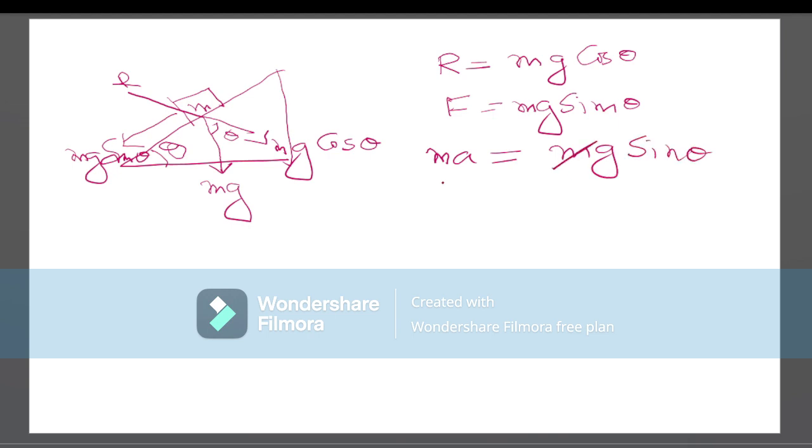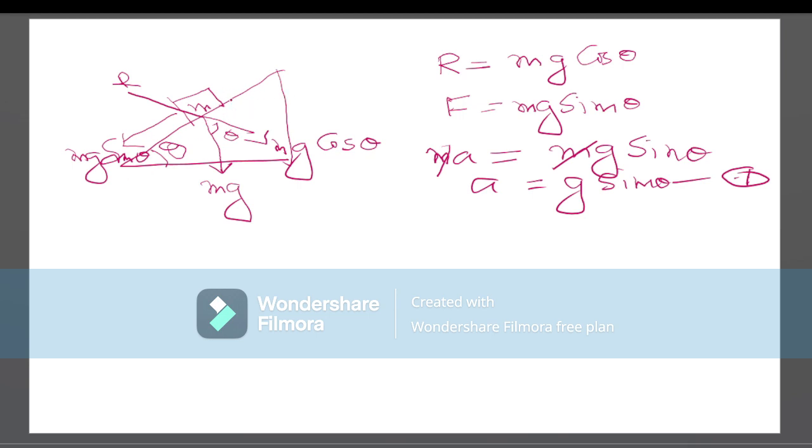So m will get cancelled out, and then a is simply g sine theta. This is the very simple case where the body is moving down a smooth inclined plane with an angle theta. Now, this will change if we consider the frictional force.